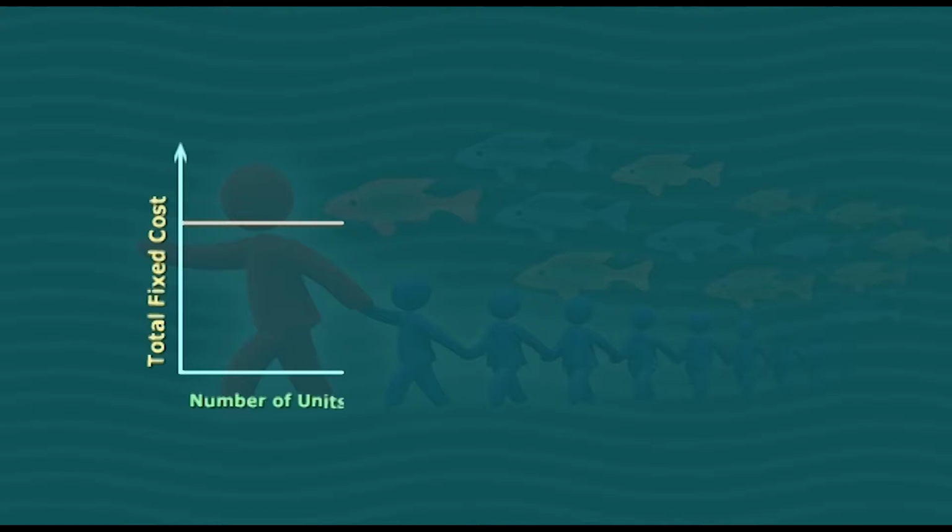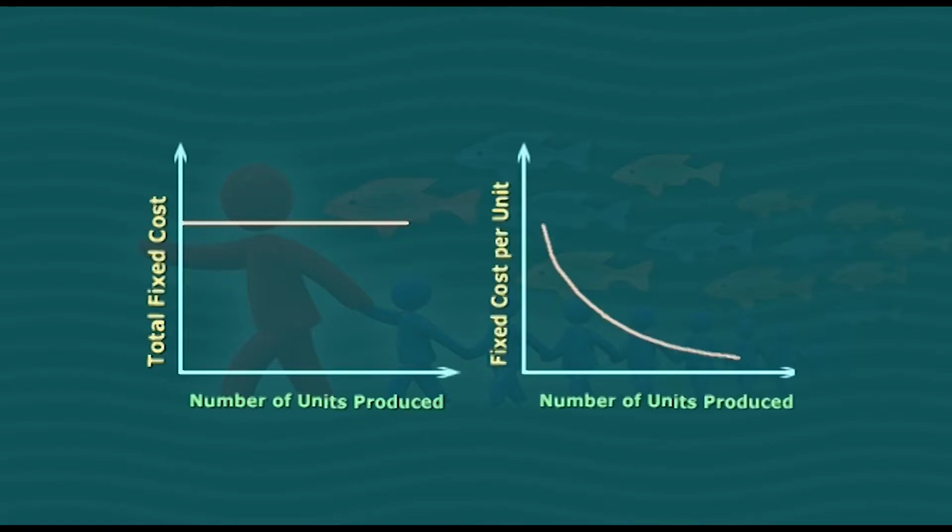From the table, if we plot a graph, we can see that total fixed cost remains fixed and stagnant irrespective of units produced. But fixed cost per unit decreases with increase in production.